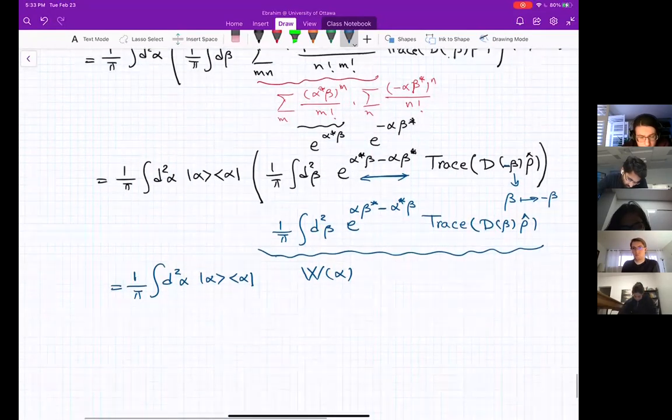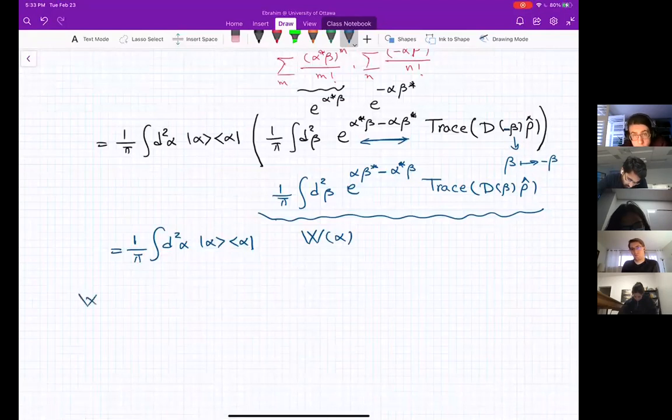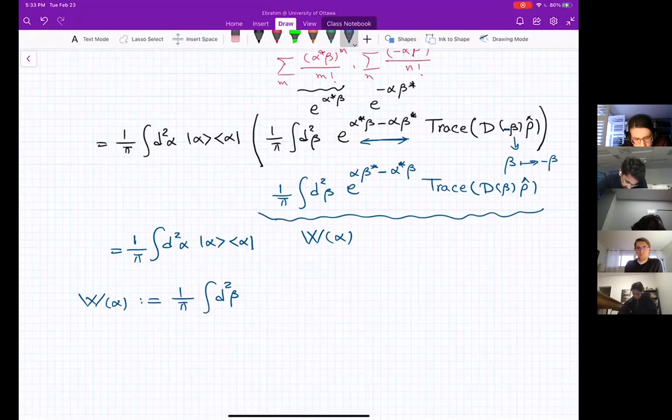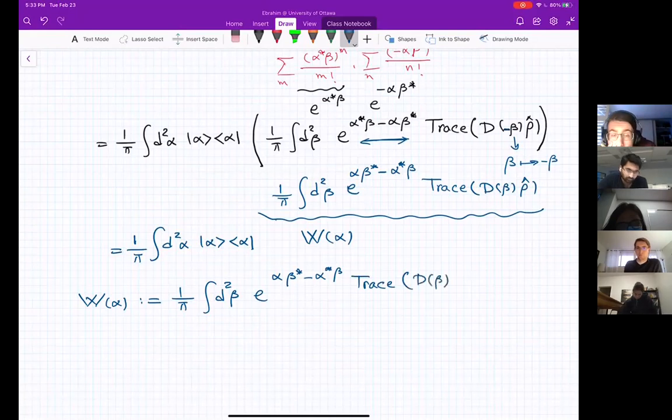What is W of alpha? Remember, we define it as 1 divided by pi integral of d2 beta e to the power of alpha beta star minus alpha star beta trace of D beta of rho. Good.